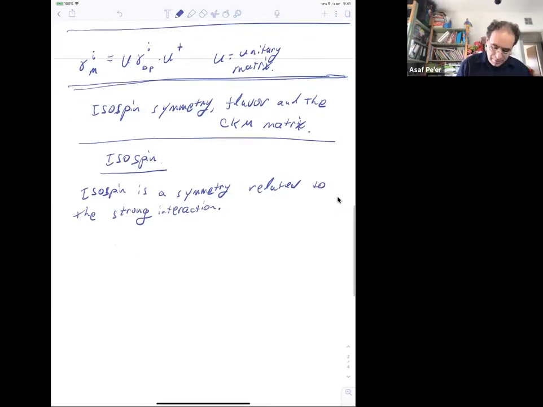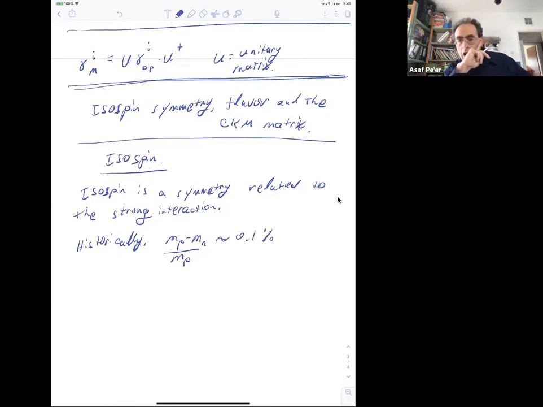So historically, the difference m_proton minus m_neutron, they're not exactly identical, right? But they're nearly identical. It's about 0.1%, 1 in 1,000. And the binding energy of the different combinations, proton-neutron, neutron-neutron, proton-proton, in the nucleus is also nearly identical.